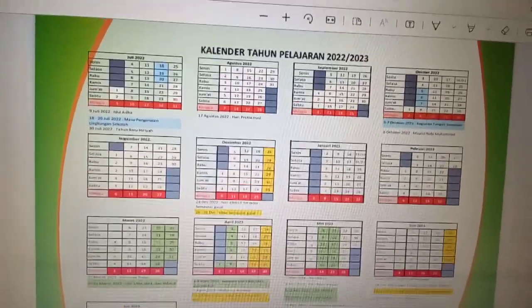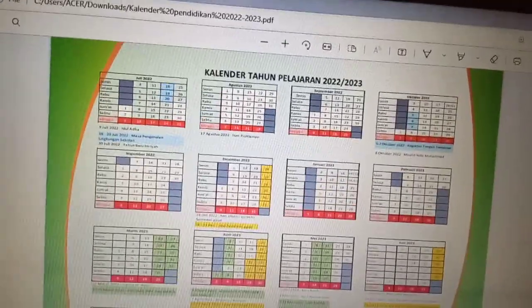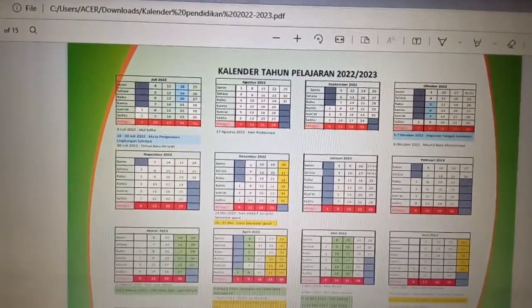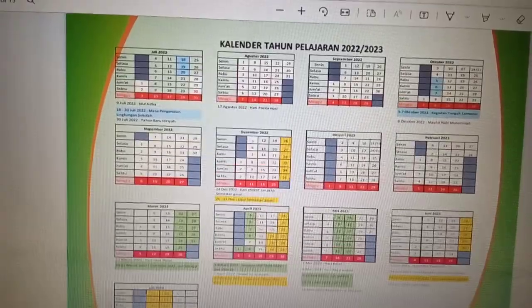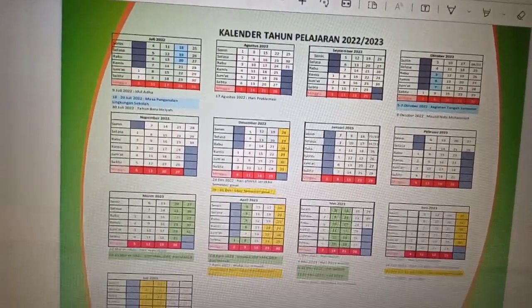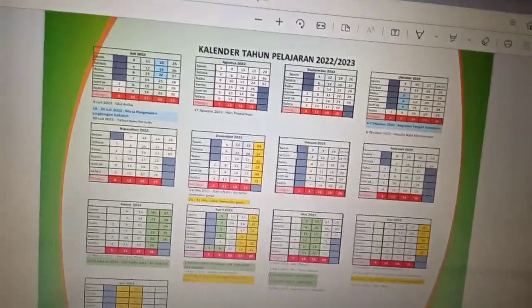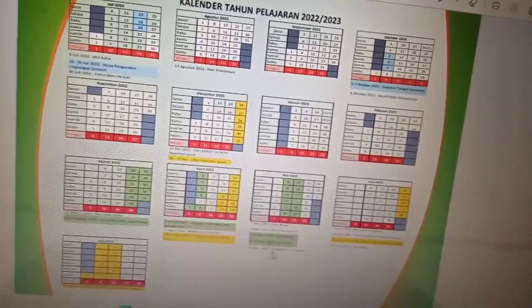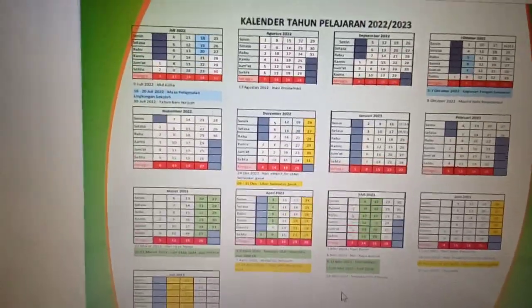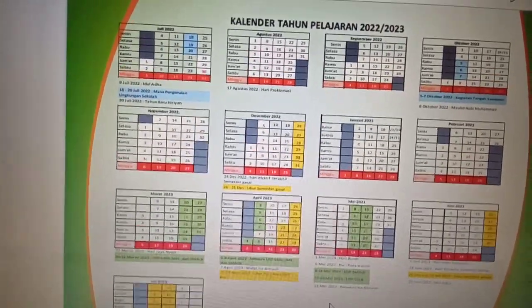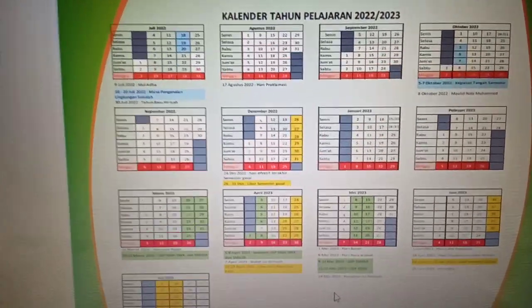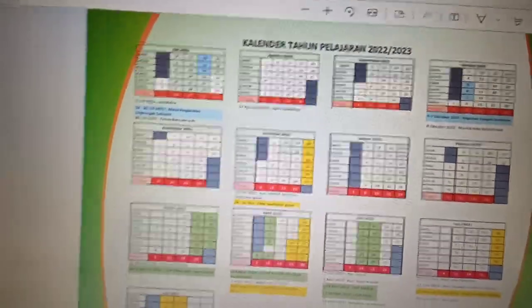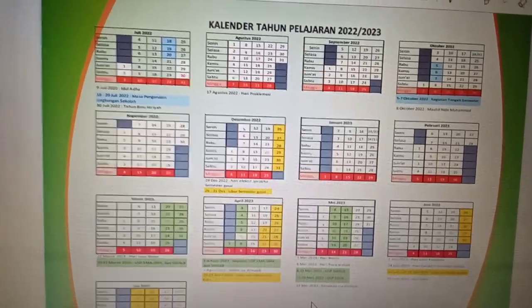In the month of August, as we can see here, there are 1, 2, 3, 4 weeks, as in July. So 4 weeks, and these 4 weeks are all effective weeks.